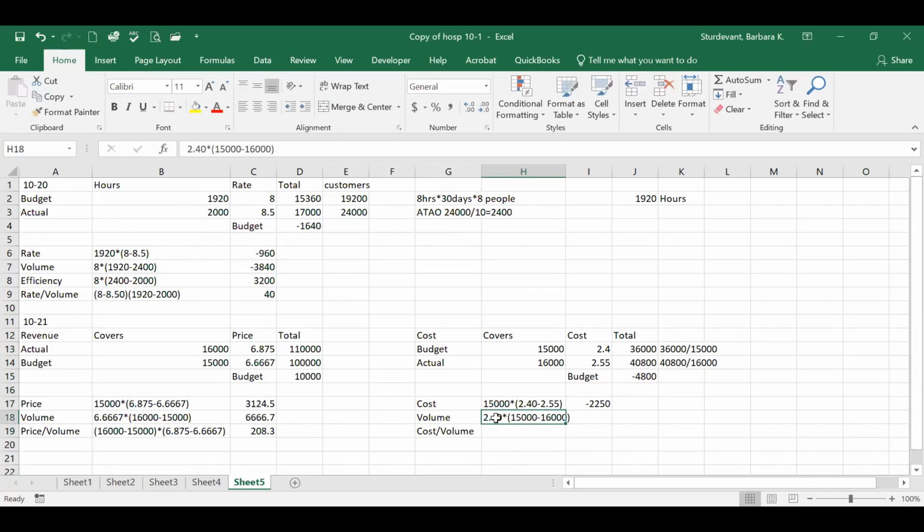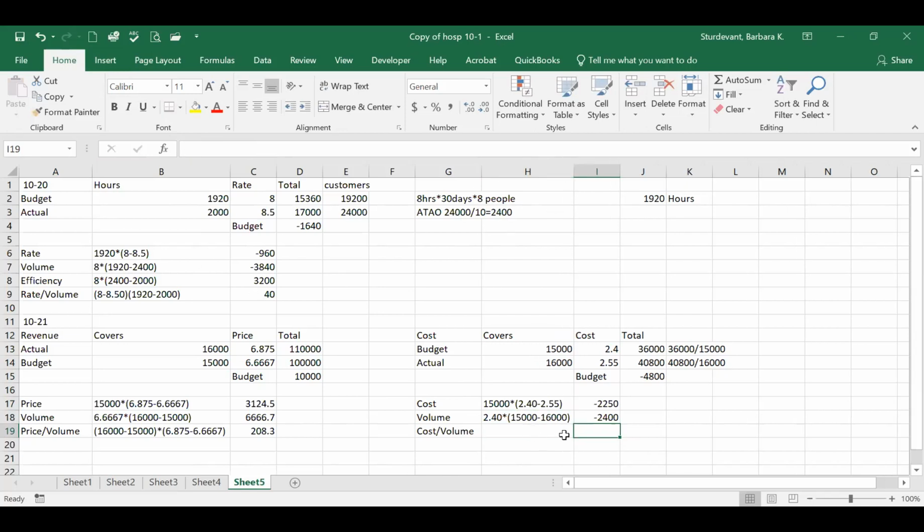And again, we're not going to look good there. Even though we served 1,000 more people, it comes out negative.